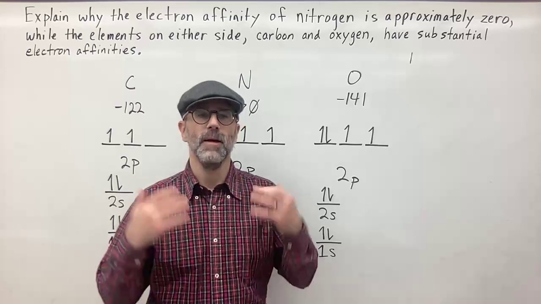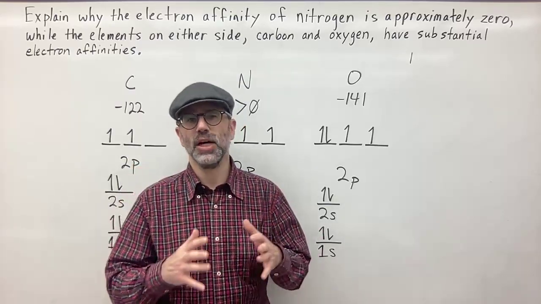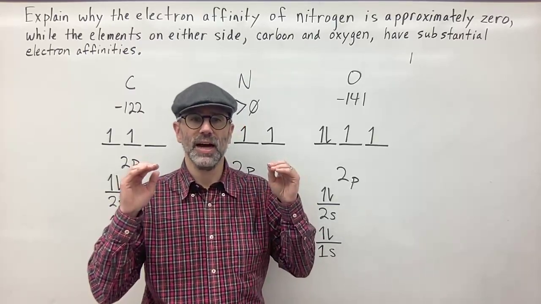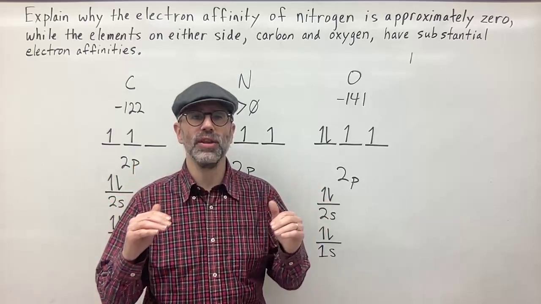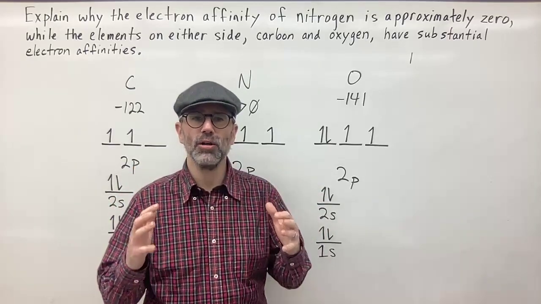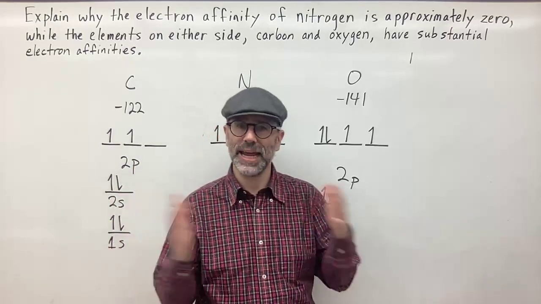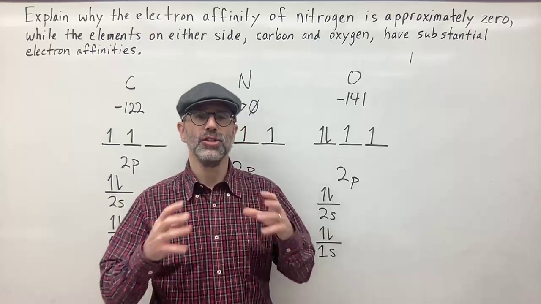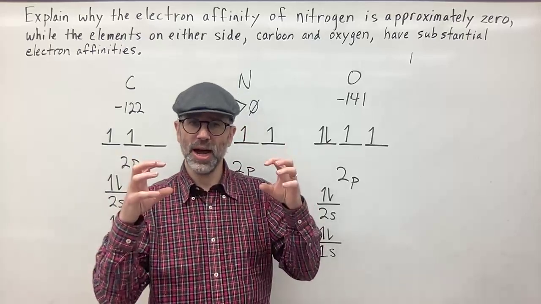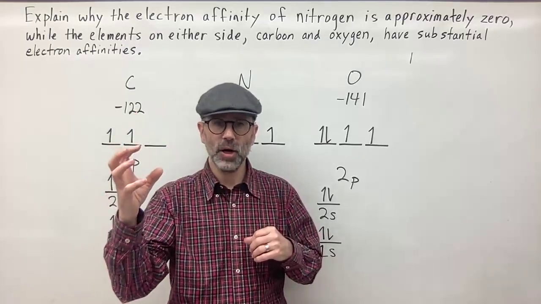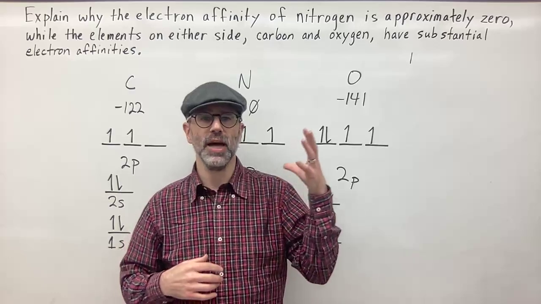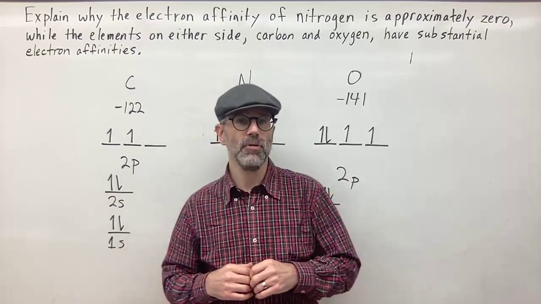Why is this? You have to think of it in terms of the stability, or the overall potential energy change in an atom. You have these negative particles, electrons, and you have the positive nucleus.